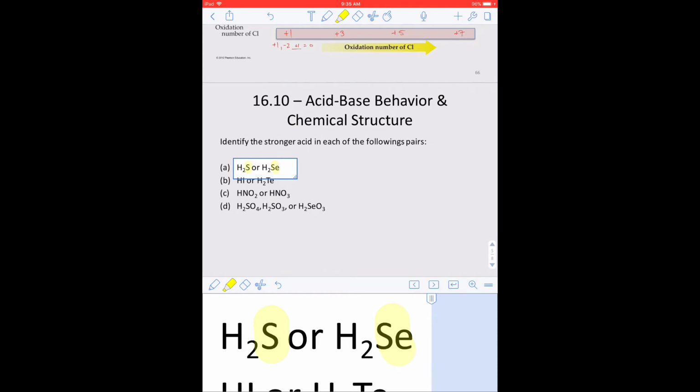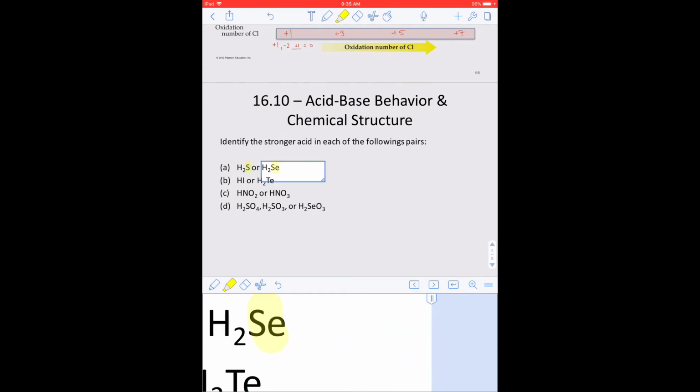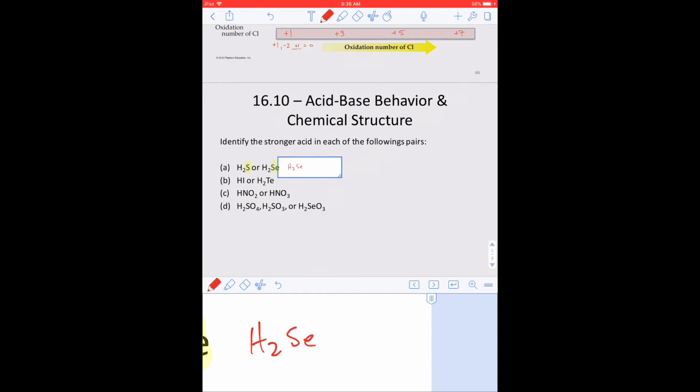The hydrogen is going to be attached to a bigger atom. They're roughly the same electronegativity, but sulfur is slightly more electronegative. And so the higher electronegativity and the smaller size is going to make the hydrogen want to stick to the sulfur more. It's going to be less dissociable. And so here the hydrogen is going to come off of the H2Se more easily. So that means that H2Se is the stronger acid.